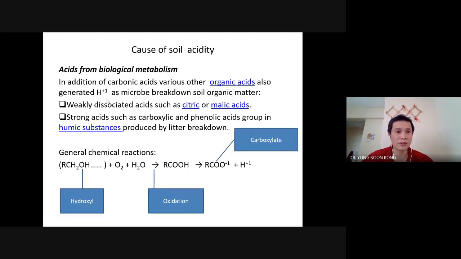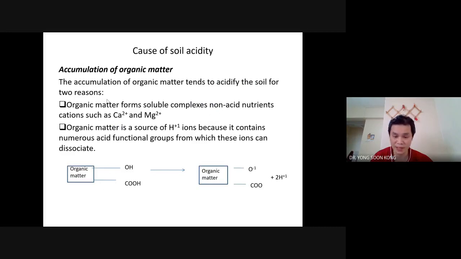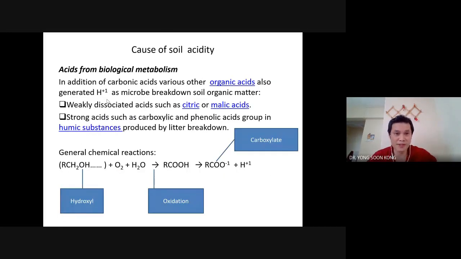Okay, moving on to the next one, acid from biological metabolism. I'm going to discuss it together with the next one, accumulation of organic matter. But first things first, microbial activity or biological metabolism can only arise if there is organic matter, in this case from the breakdown of soil organic matter.